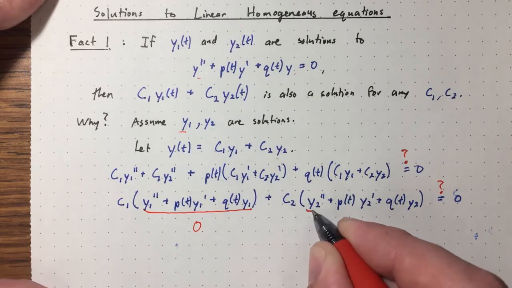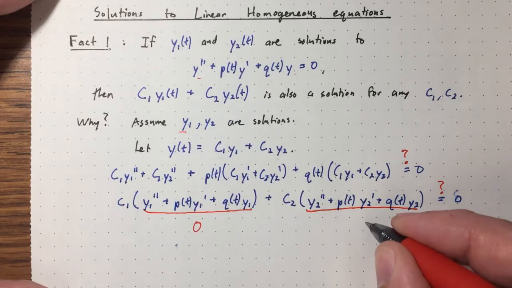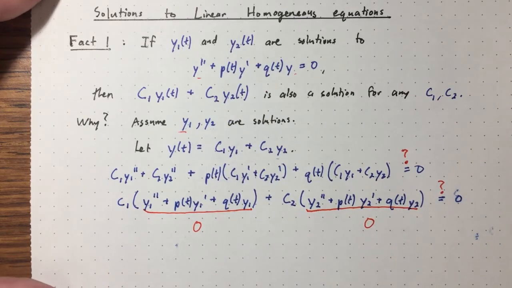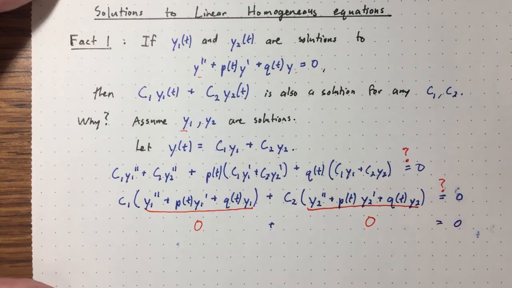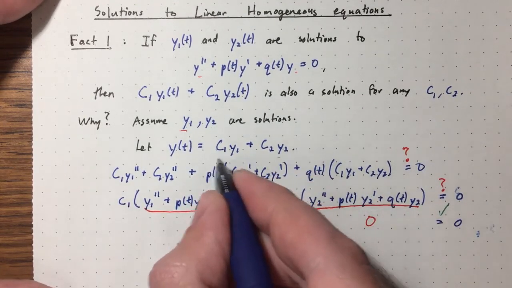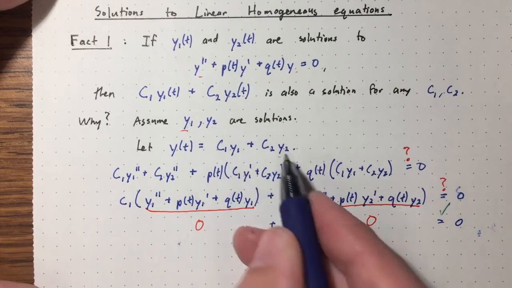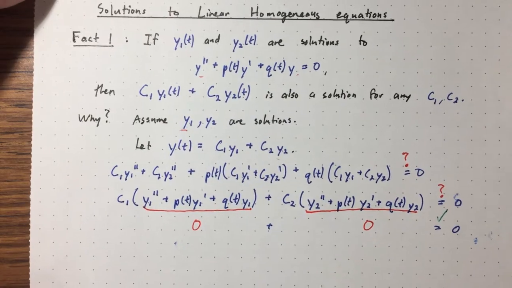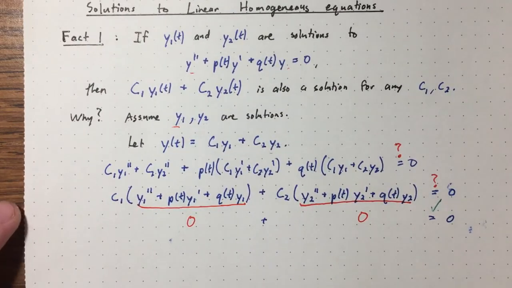And similarly for this one, this is just the left side of the differential equation with y2 plugged in. So that equals 0. So I get 0 plus 0 equals 0. That's true. So we just proved that no matter what C1 and C2 are, this is also a solution, as long as we started with two solutions. So that's why fact 1 is true.